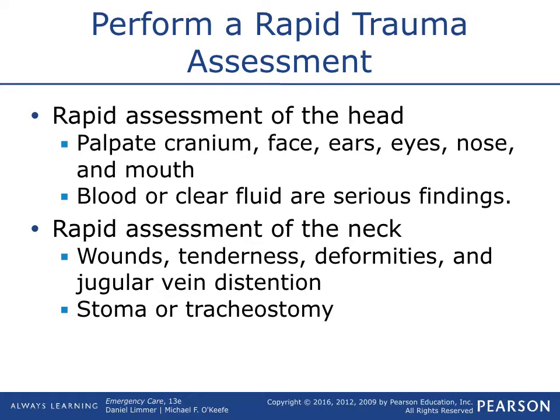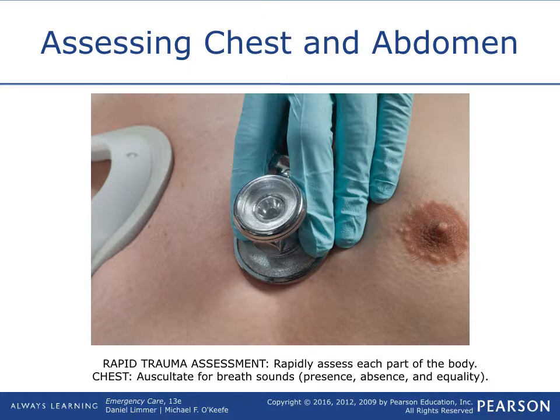This is your practicals right here. Head: palpate the cranium, face, ears, nose, mouth, and report all findings. Neck: tenderness, deformities, jugular vein distension, stoma or tracheostomy, all that. So check the neck and then note your findings.